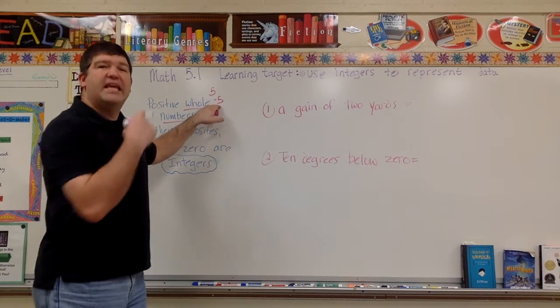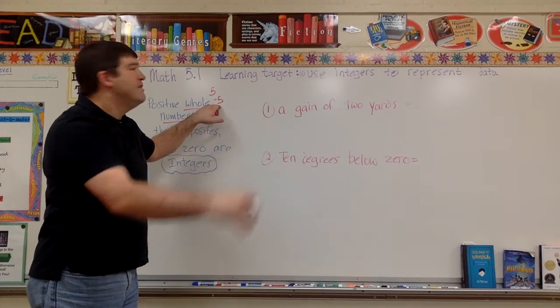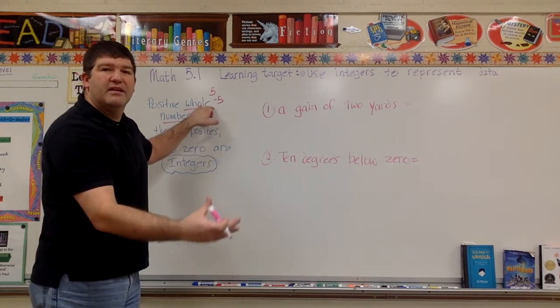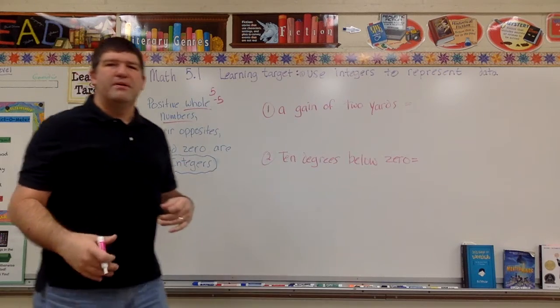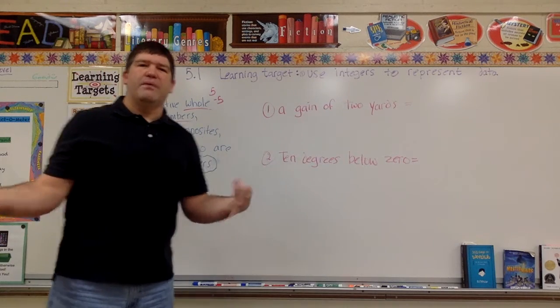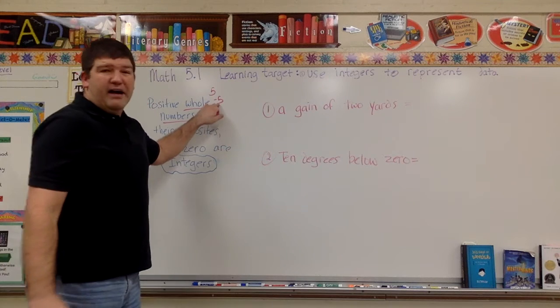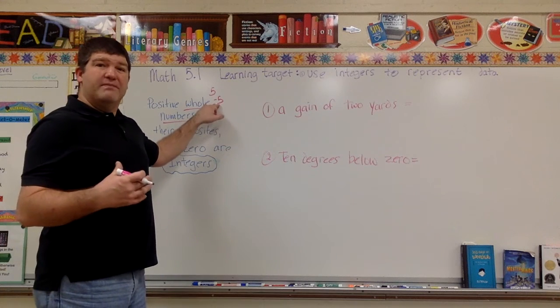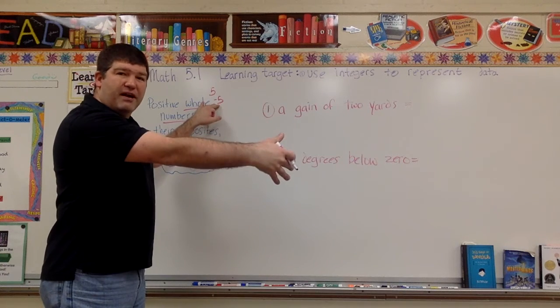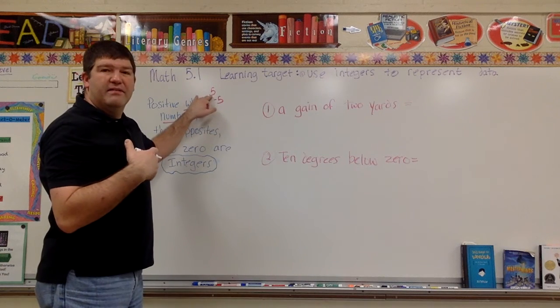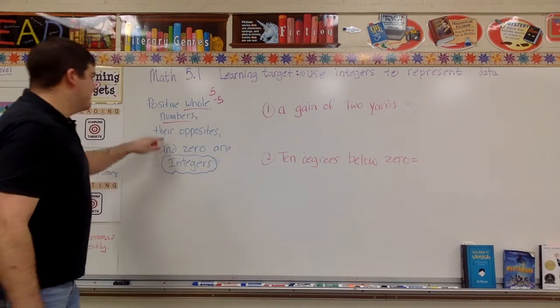The opposite would be to give $5. So here I'm getting it, here I'm losing it. Here I'm adding it, here I'm subtracting it. So the opposite of a number is the negative or positive. I could say -5. What's the opposite of -5? The opposite of giving or subtracting 5 would be add 5. Okay? So that's the opposites.